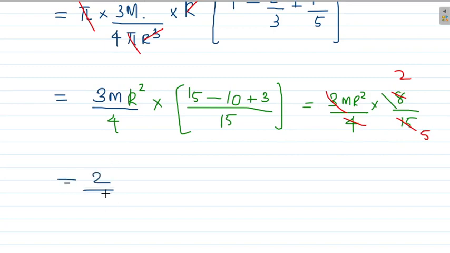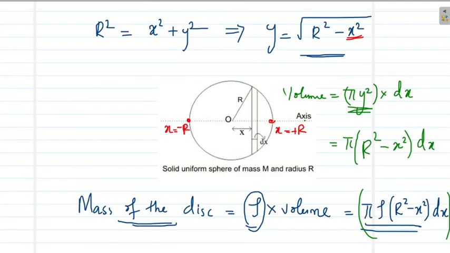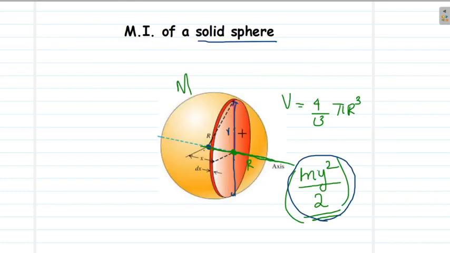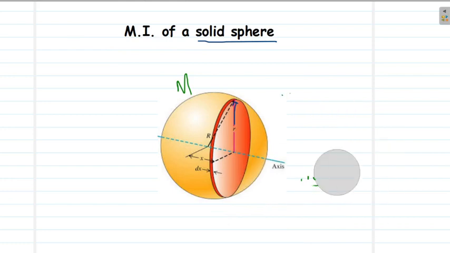This is equal to 2 by 5 m r square, where capital M is the mass of the sphere and capital R is the radius of the sphere. So this is the moment of inertia for a sphere about an axis that is passing through its diameter. Moment of inertia I is equal to 2 by 5 m r square.